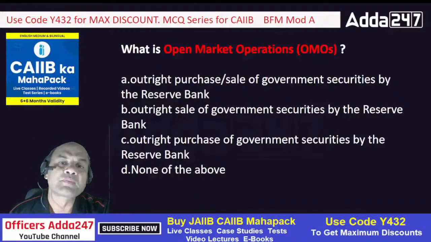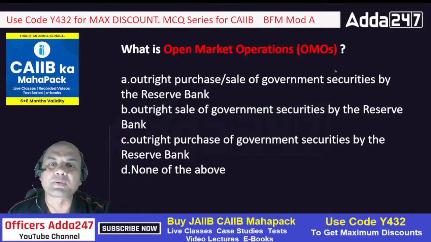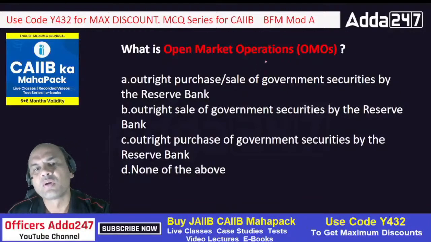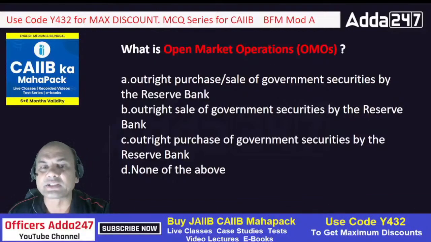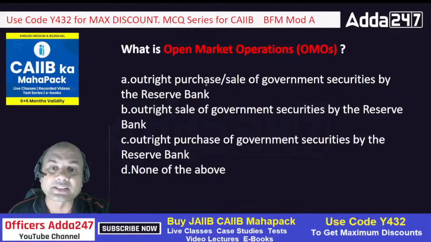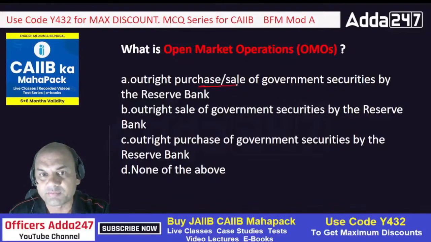Let's move on then. What is OMO? Open market operations. Let me read the choices. Outright purchase or sale of government securities by the Reserve Bank, purchase or sale, both. Outright sale of government securities by RBI, only sale. Outright purchase of government securities by RBI, only purchase.